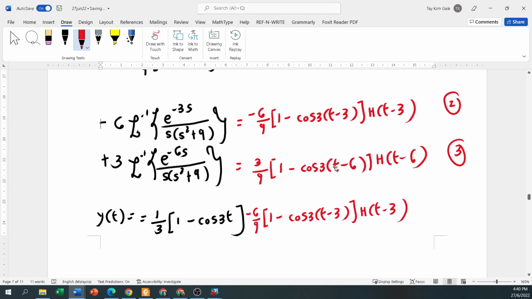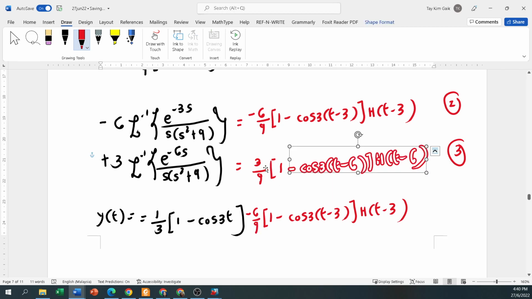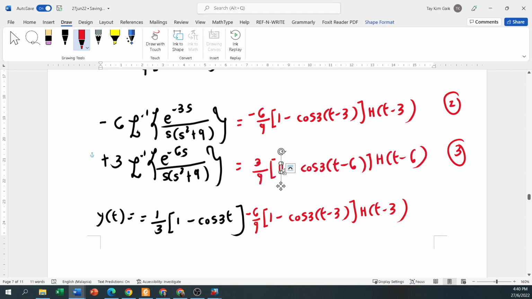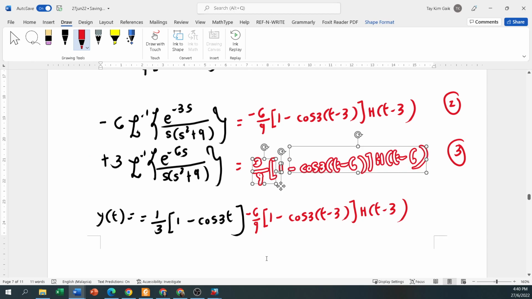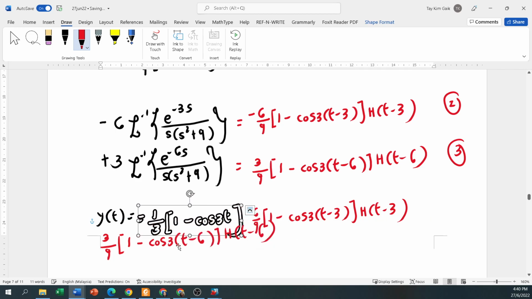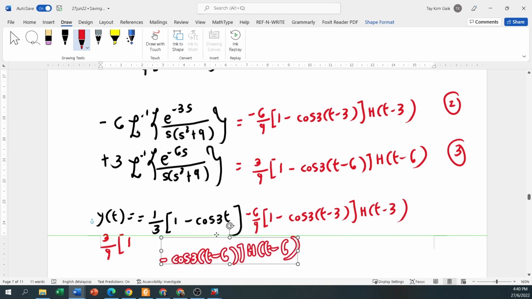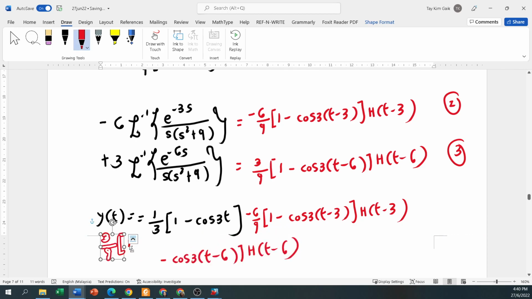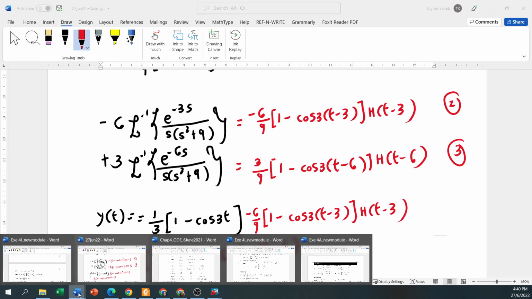So we collect back from 1 to 3, then add up number 3. So let's check the answer.